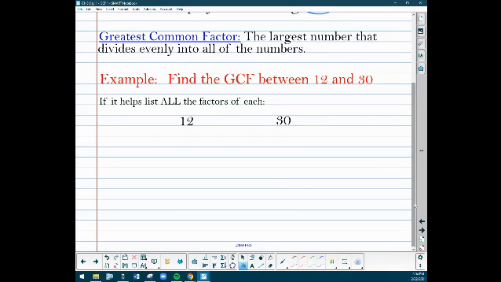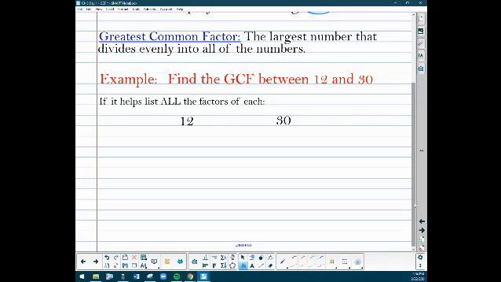Some of us who have our times tables down really well are going to be able to do these quicker. Some of us, it's going to take a little bit more time. But a way that helps if you're not the best with your factors and times tables is to list all of the factors of each. I'm going to start with 12. What are all the combinations that multiply to give me 12?